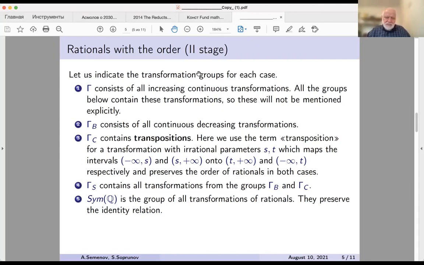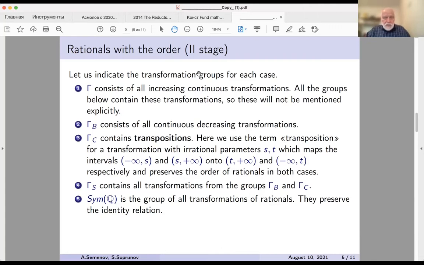What does it mean to be an increasing continuous transformation of rational numbers? Just remember that a transformation, as in other cases in geometry, is a one-to-one correspondence of the set, mapping it onto itself.